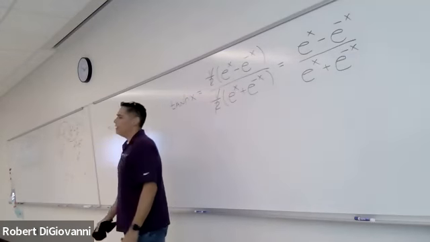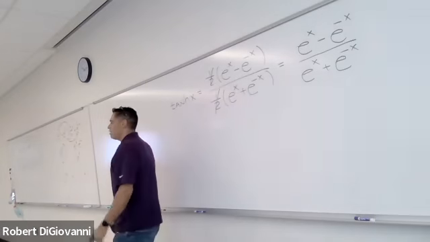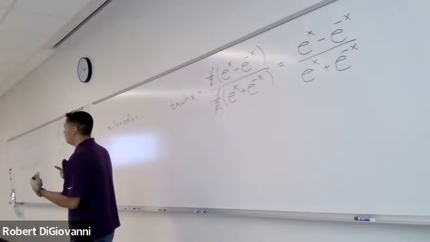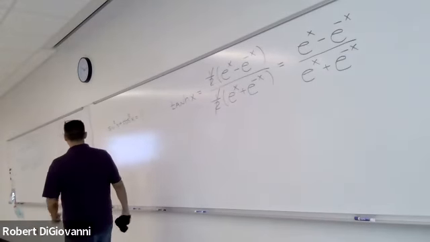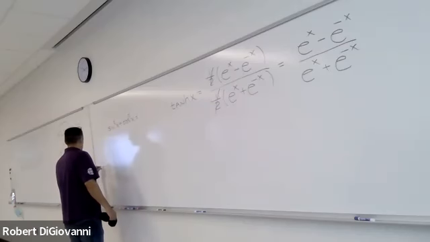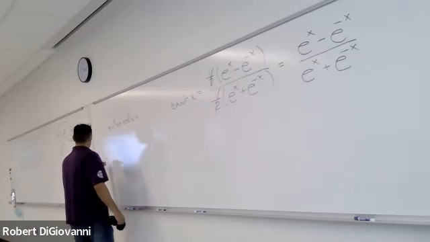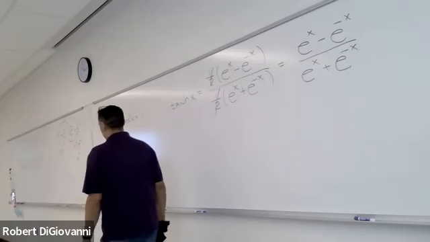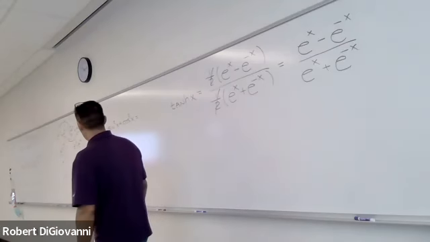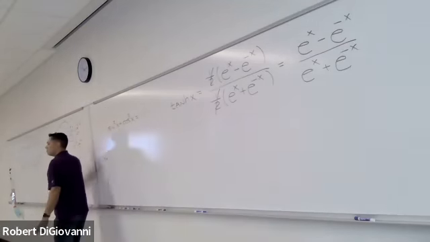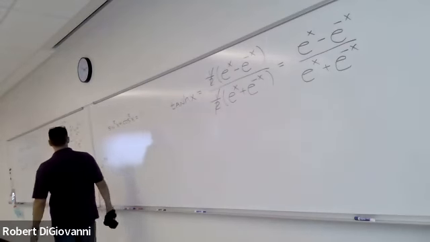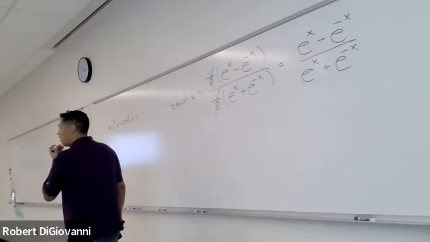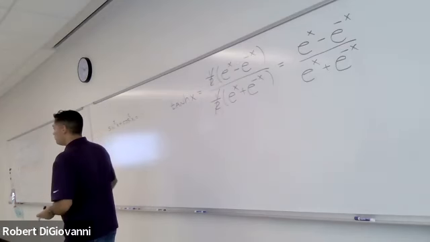E to the negative x times e to the negative x. You add the exponents, you get negative 2x. So plus e to the negative 2x. All right, do y'all buy that though? Yes.